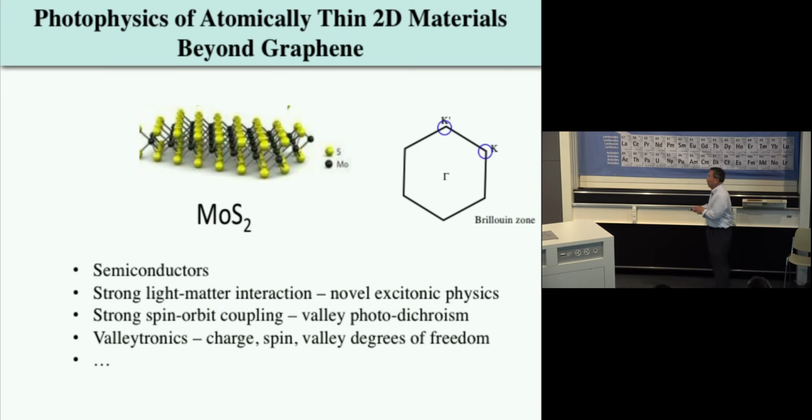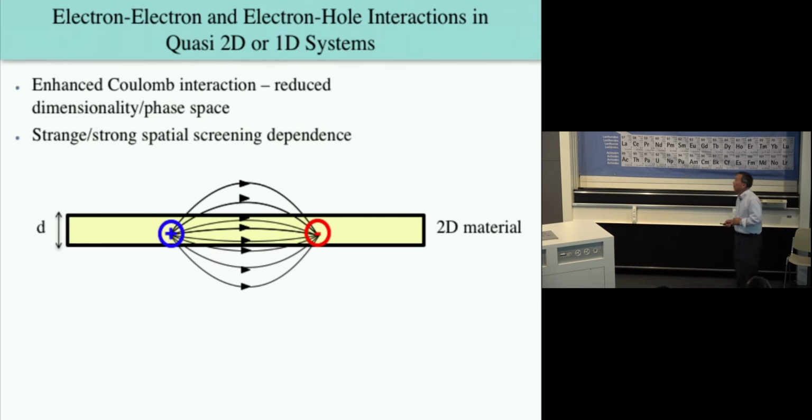That leads to valley circular dichroism. That is, you could excite one valley using one circularly polarized light and excite the other valley using oppositely polarized light. So this kind of system allows you to have independent control of charge, spin, and the valley degree of freedom. That's why people are very excited about this kind of material.